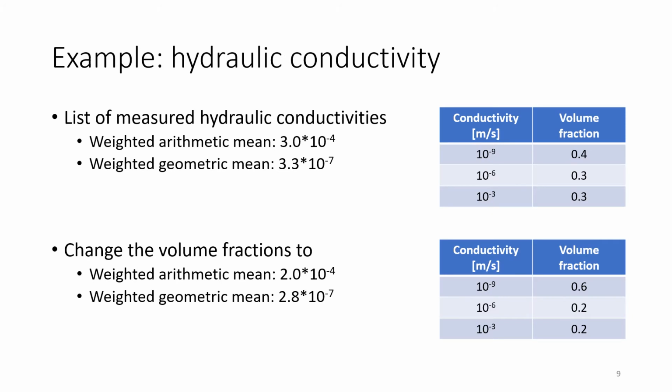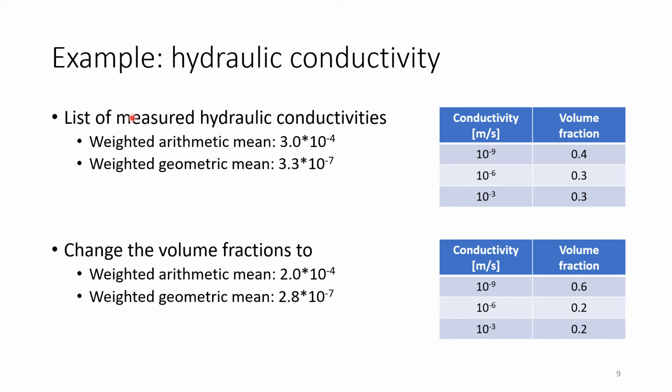Getting a bit more practical here and show you the difference. Let's say you have a couple of soil samples and you get that kind of distribution. So we have 10 to the minus 9 meters per second for 40% of all our samples, 10 to the minus 6 for 30% of our samples, and 10 to the minus 3 for the other 30%.